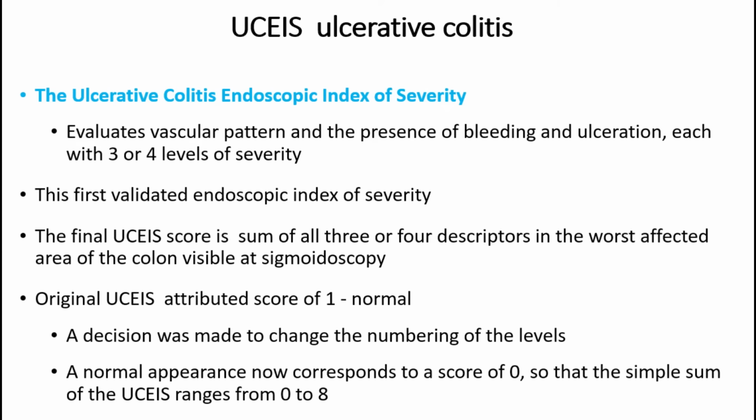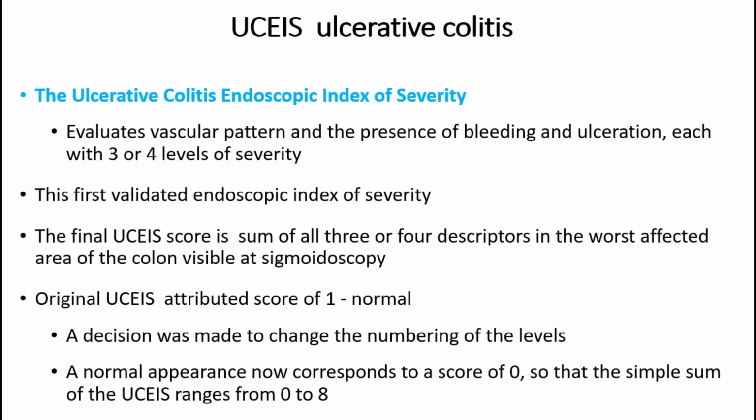This is another index used for grading the severity of ulcerative colitis, the ulcerative colitis endoscopic index of severity, UCEIS. It evaluates vascular pattern and the presence of bleeding and ulceration, each within 3 or 4 levels of severity. This is the first validated endoscopic index of severity, and we have to remember this term.